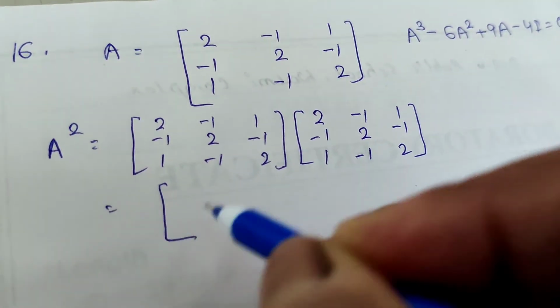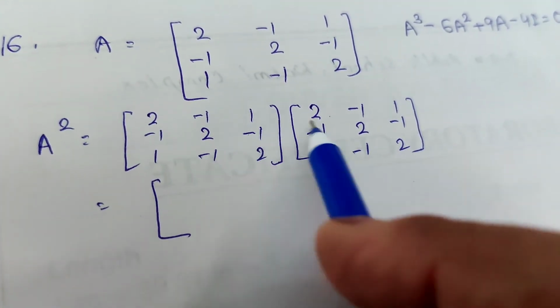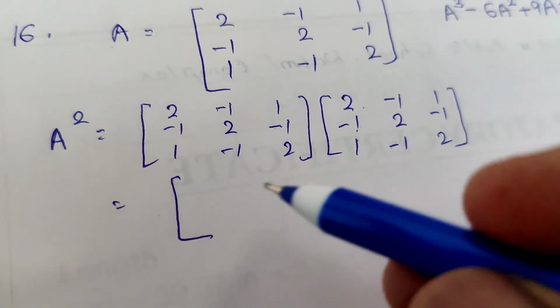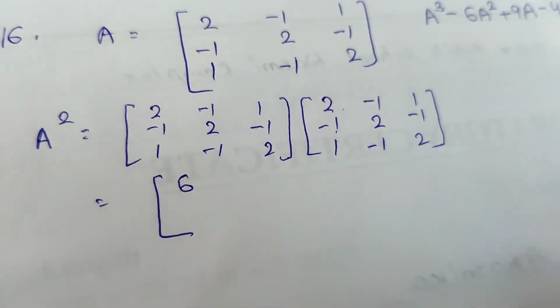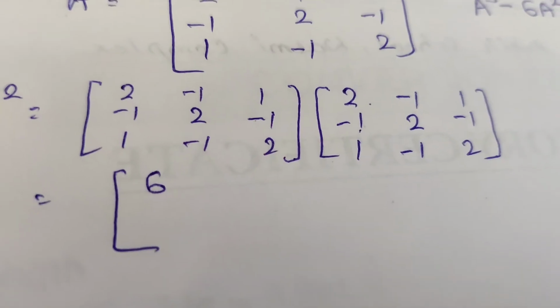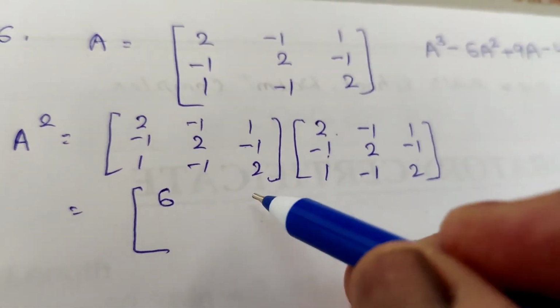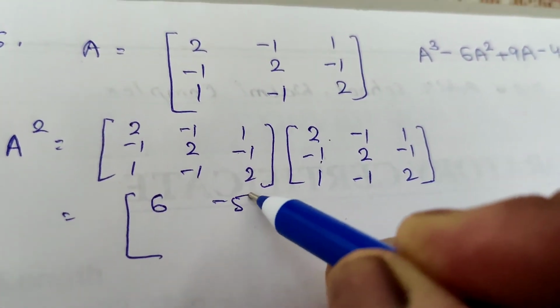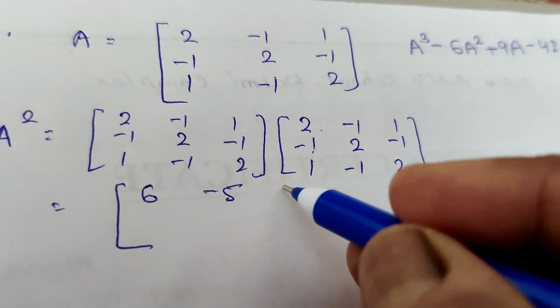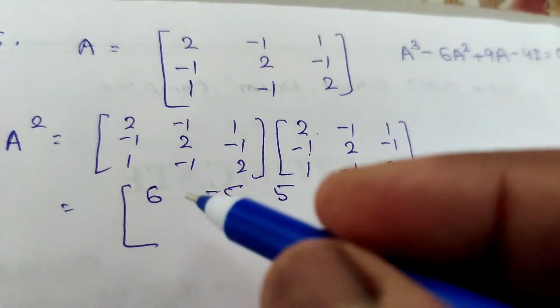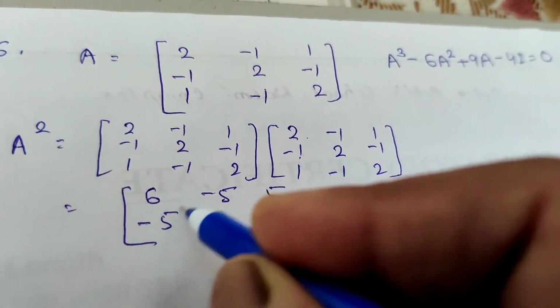We will get 2 into 2, 4 plus 1, 5 and 1, 6. Second, minus 2 minus 2 minus 1, it is minus 5. And next 2 1, it is also equal to 5. Next multiply these two, we get minus 5.